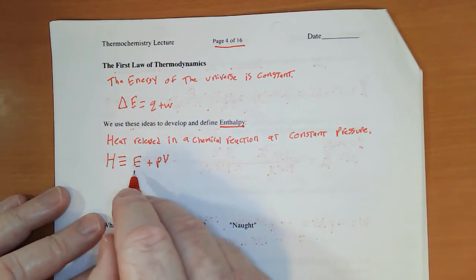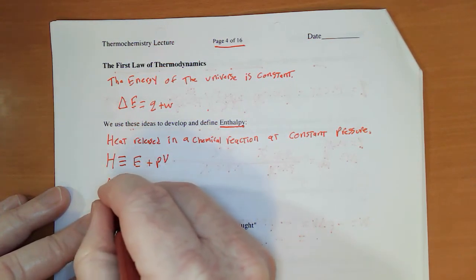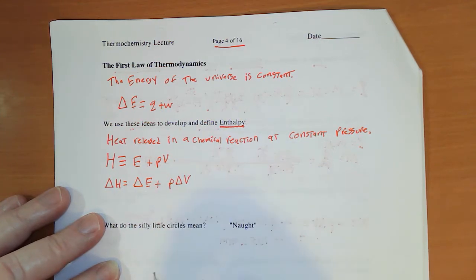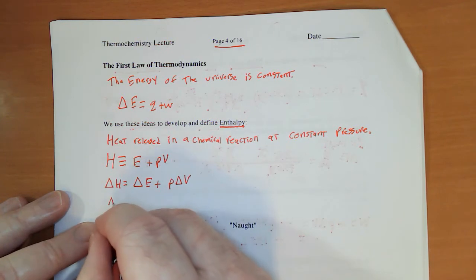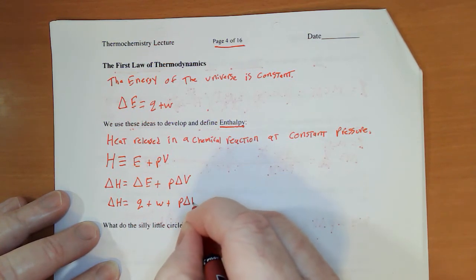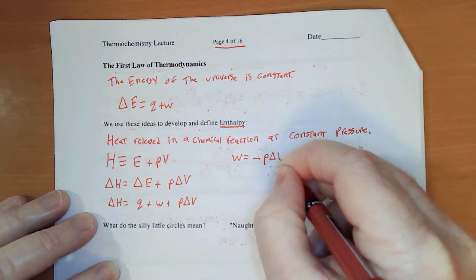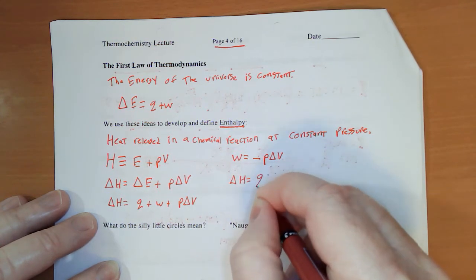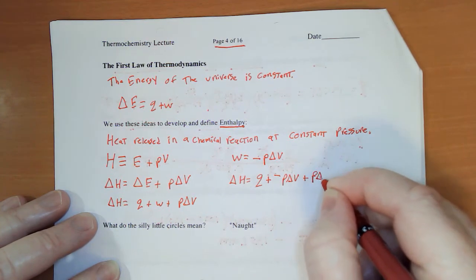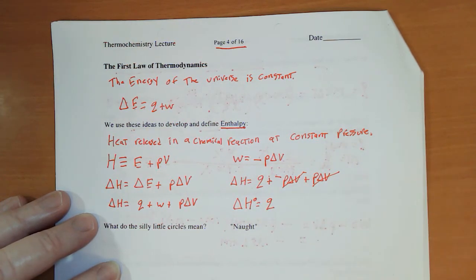Now, since enthalpy and energy are state functions, pressure is not, lowercase volume is, we need to talk about delta H. Delta H would be equal to delta E plus P delta V. And we know from the first law that delta H equals Q plus W plus P delta V. In our last set of lectures, we established that work is equal to negative P delta V. Therefore, delta H equals Q plus negative P delta V plus P delta V. Those two cancel out, and delta H equals Q. Enthalpy is heat.